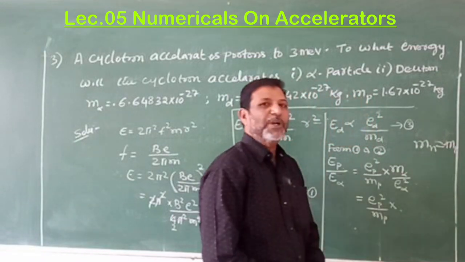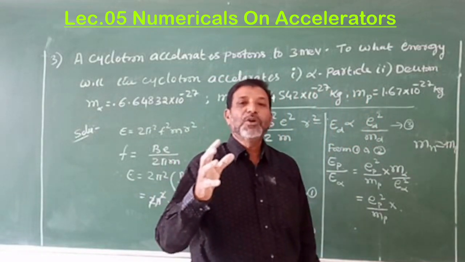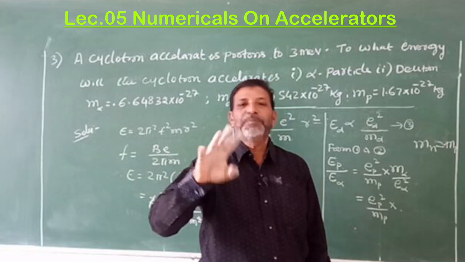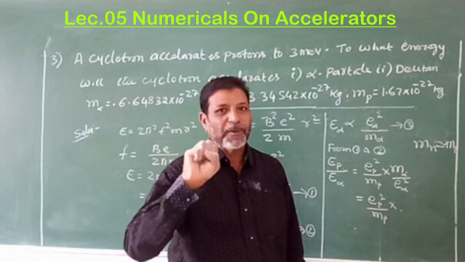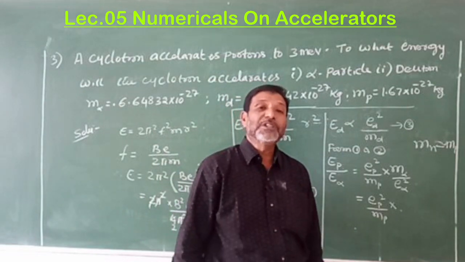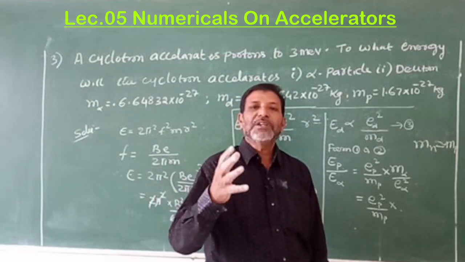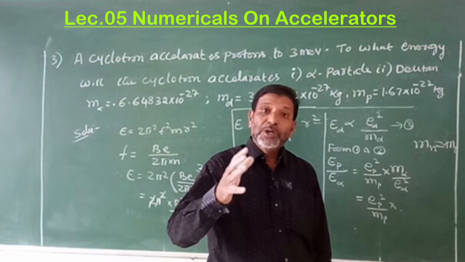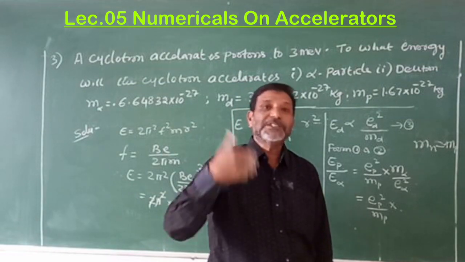Therefore, helium has 2 protons and 2 neutrons, totally 4, so the mass of the alpha particle is approximately equal to 4 times the mass of the proton.